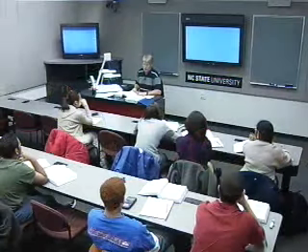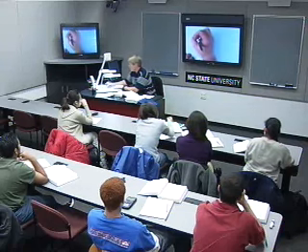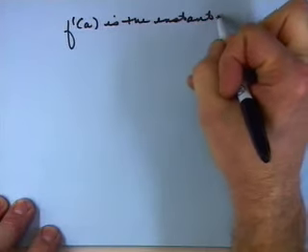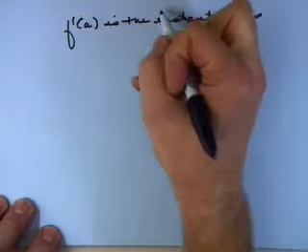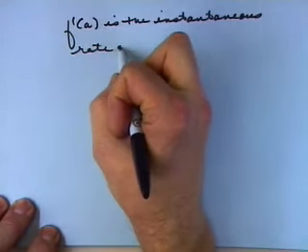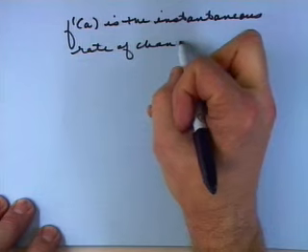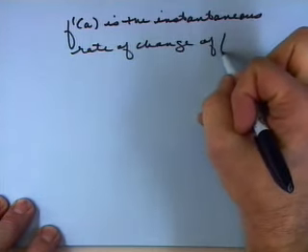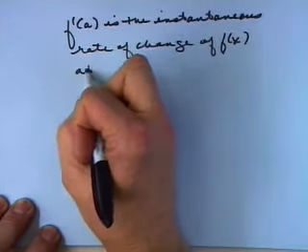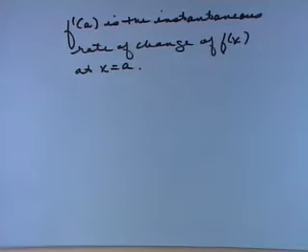The third piece that I've already mentioned, that I have a hard time not mentioning, is that the derivative, the slope of the tangent, is the instantaneous rate of change at a certain x value, so at the x value a.